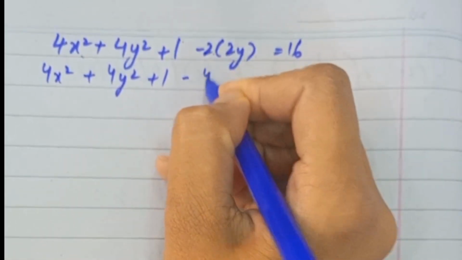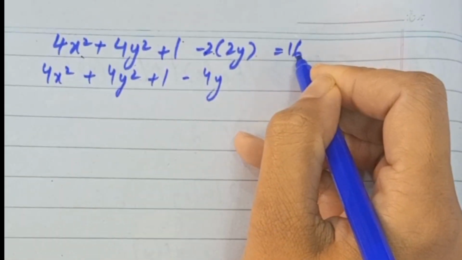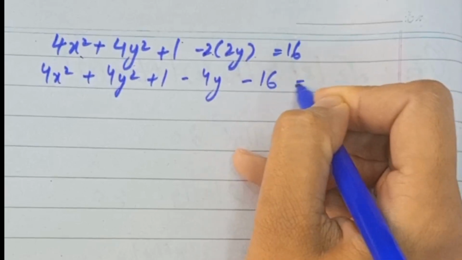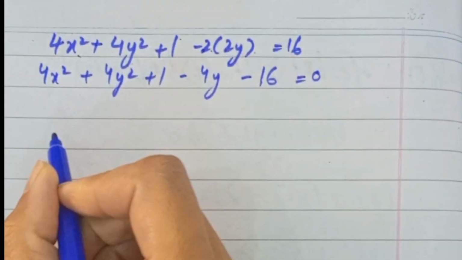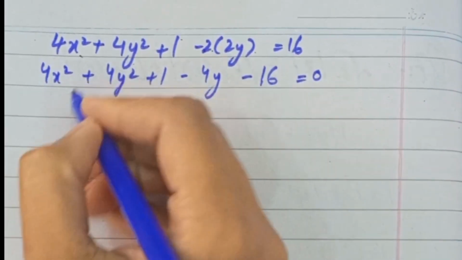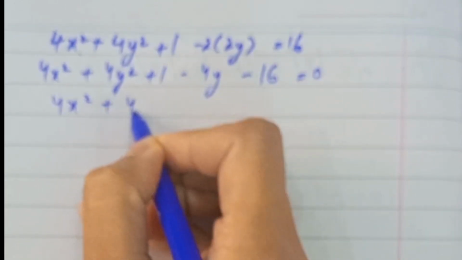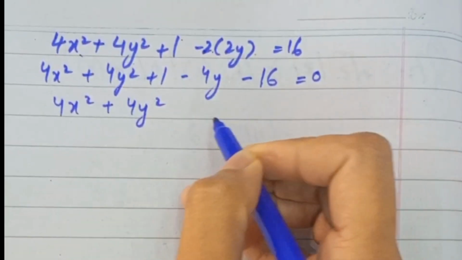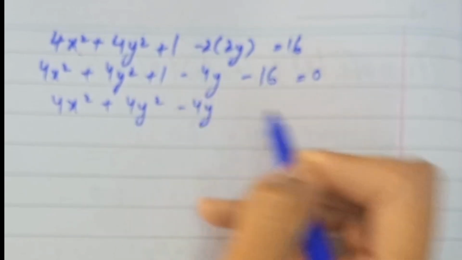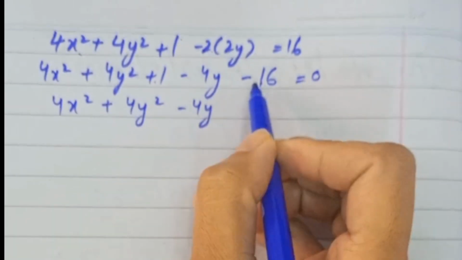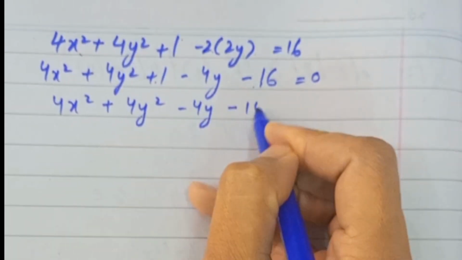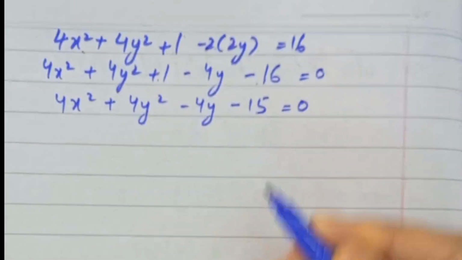Minus 2 into 2 is 4y. 16 will come to this side and turn into minus 16. Now 4x² + 4y² − 4y + 1 − 16, which is minus 15. So this is our answer.